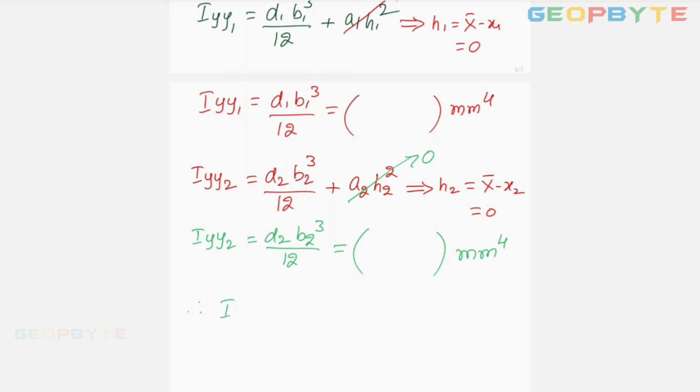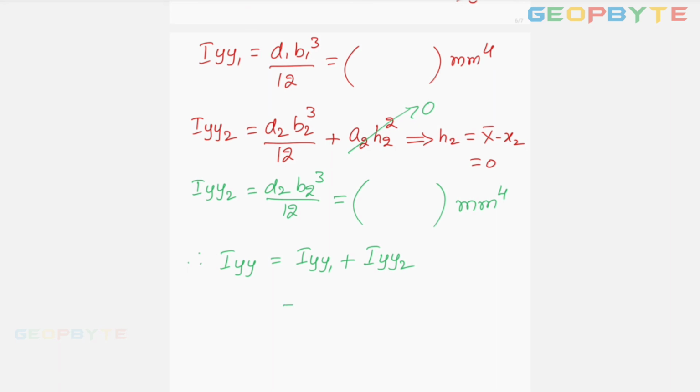Therefore, Iyy equal to Iyy1 plus Iyy2. You simplify the value for getting in mm power 4. That is how you can find the Ixx and Iyy for the given T section. I hope you clearly understood.